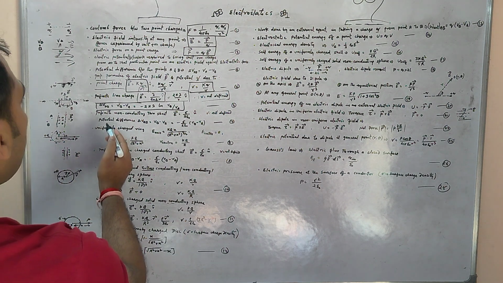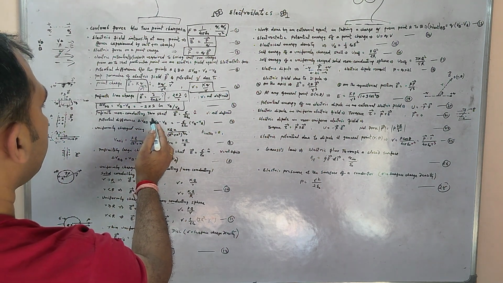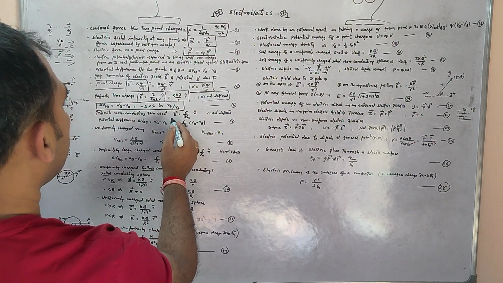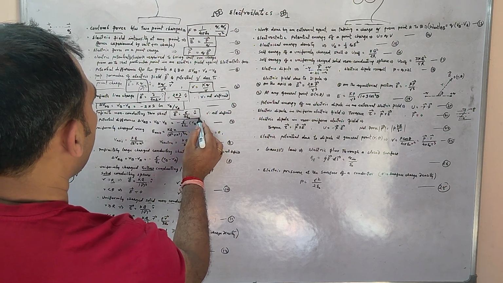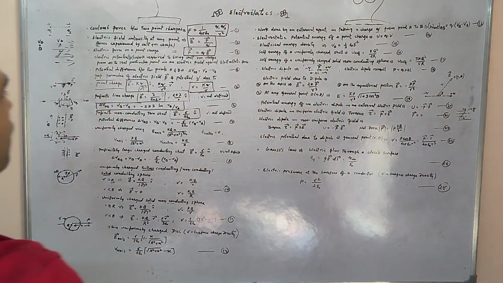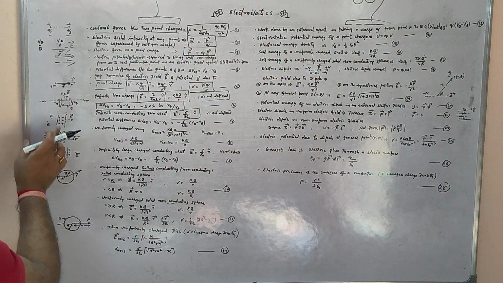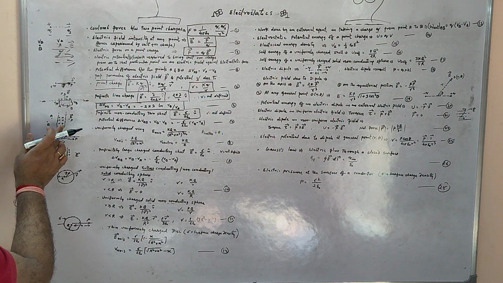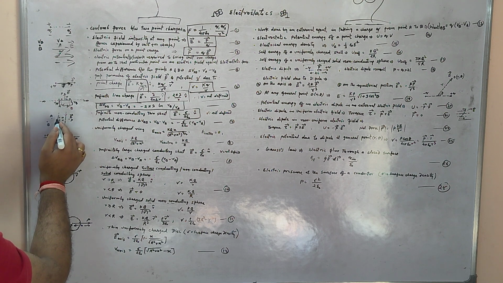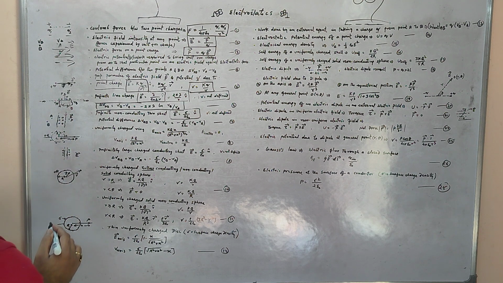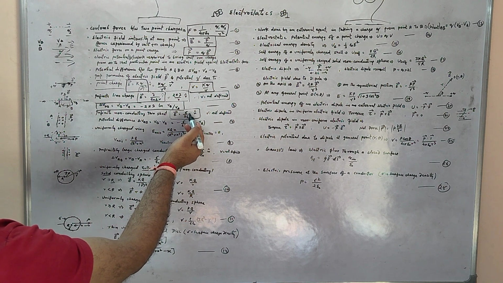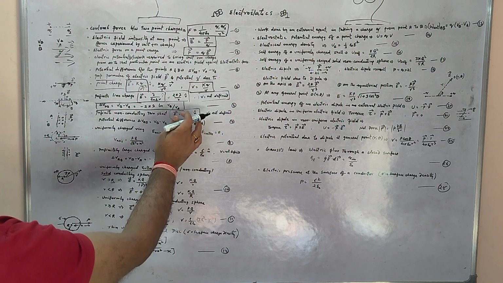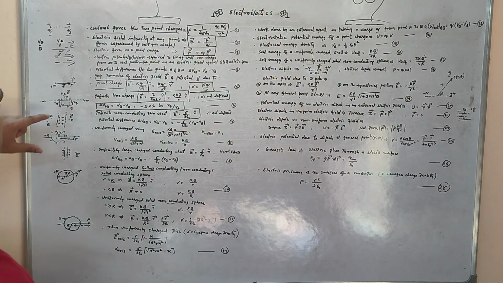Now, infinite non-conducting thin sheet. Electric field will be sigma upon 2 epsilon naught. Here we have a non-conducting thin sheet that is infinite. So here sigma is the surface charge density.